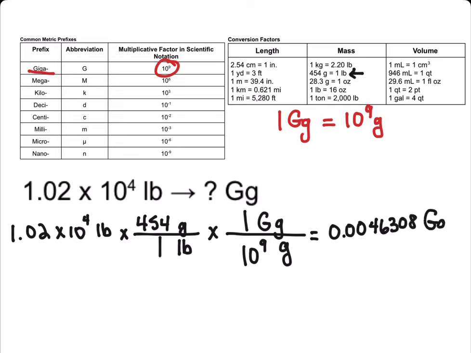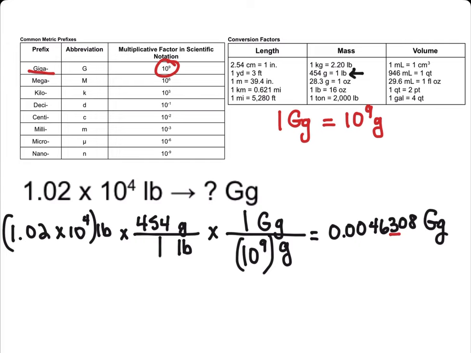0.0046308 gigagram. Remember, when you're dealing with scientific notation, for the most part, you're going to have to use parentheses for your calculator. Okay, I'm going to take a look at my given number, 1.02 times 10 to the 4th pound, and I'm going to see that there's 3 sig figs in that number. So I'm going to underline my third significant digit.